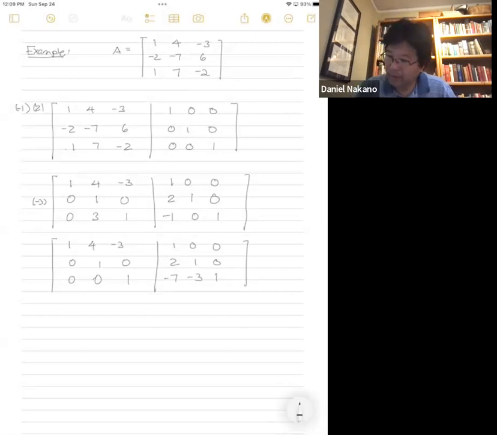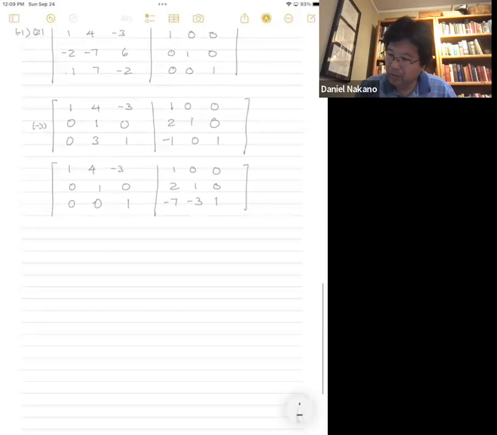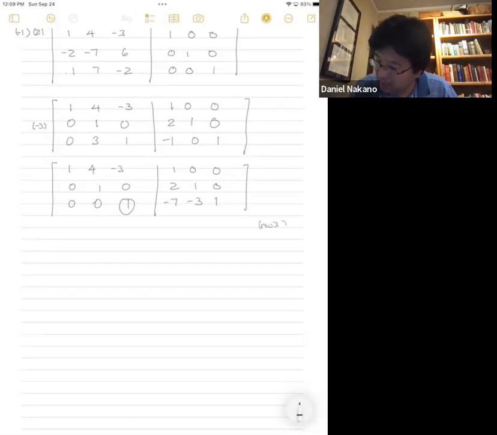All right, good. So the next thing we're going to do is use this 1 here, and we're going to knock out the -3 in the third row of the first row. So we're basically going to take row 3. Actually, we're going to take 3 times row 3 plus row 1, and then insert this into row 1. Okay, so that's really what we want to do.